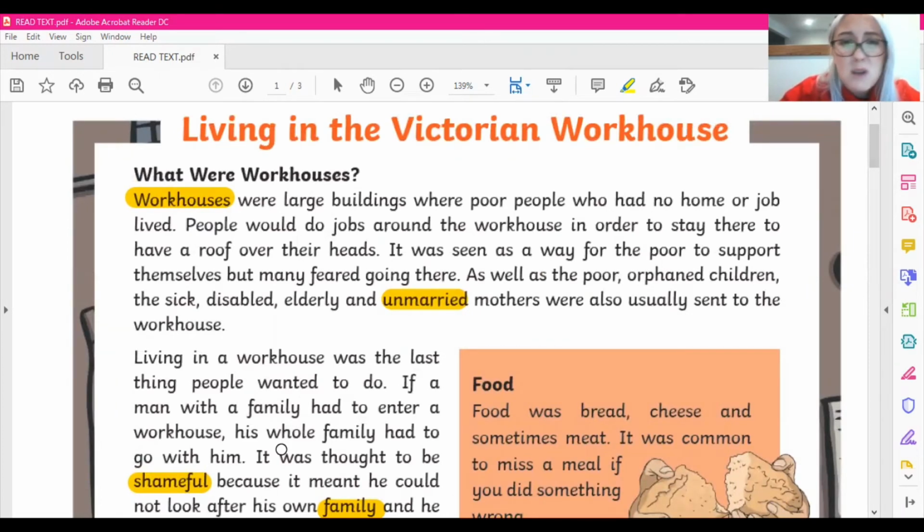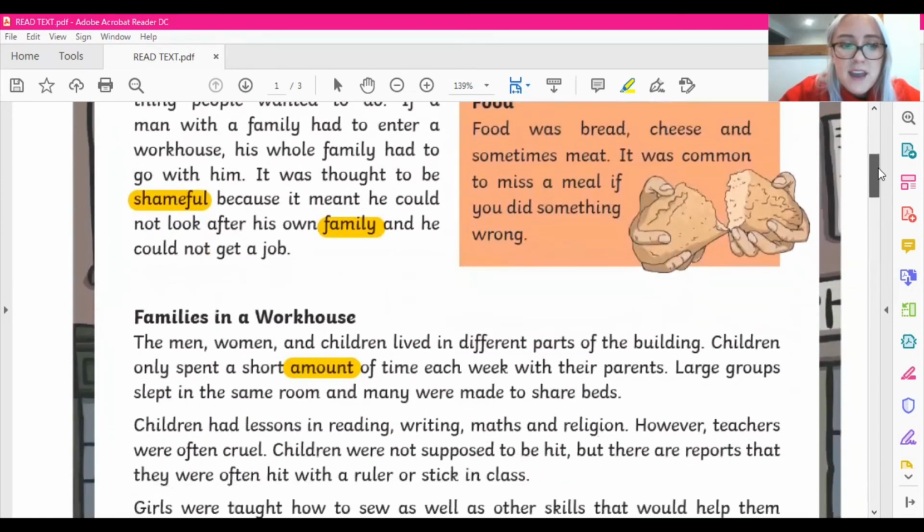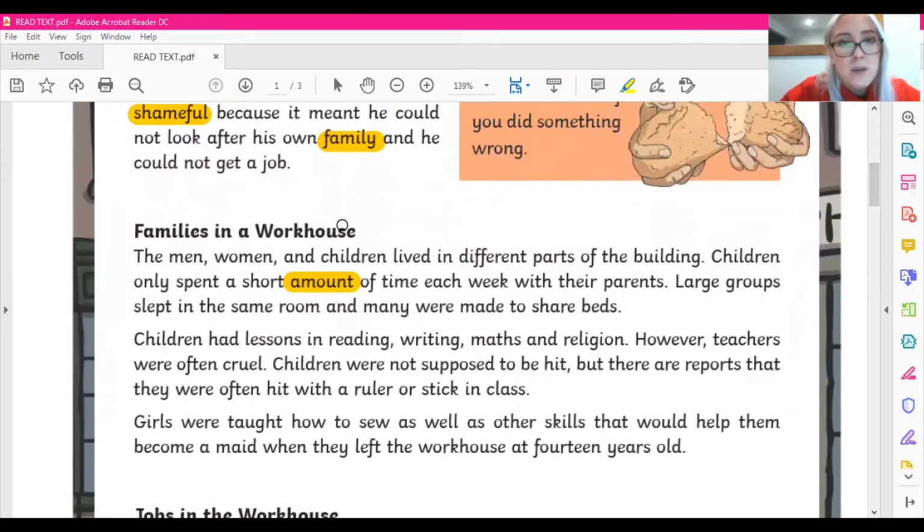So we most likely won't find if girls will cook in that paragraph. Whereas if we look at families in the workhouse, we're more likely to find our answer in that paragraph. So it might be an idea to skim and scan that paragraph first to see if our answer's in there. So let's begin.